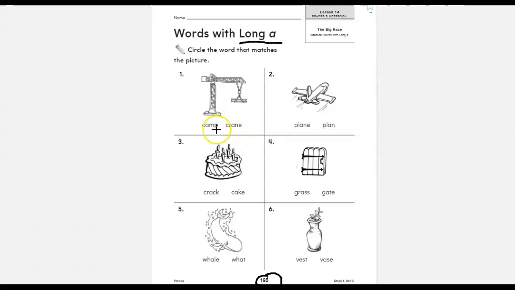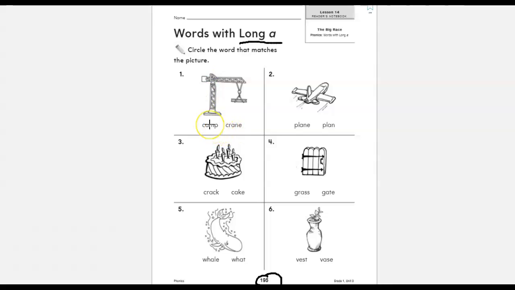So we have the two words camp and crane. So just by looking at this picture, do you see anything that tells you about a camp? A crane is a type of equipment that is used to move things around. So on number 1, is this a picture of a camp or a crane?